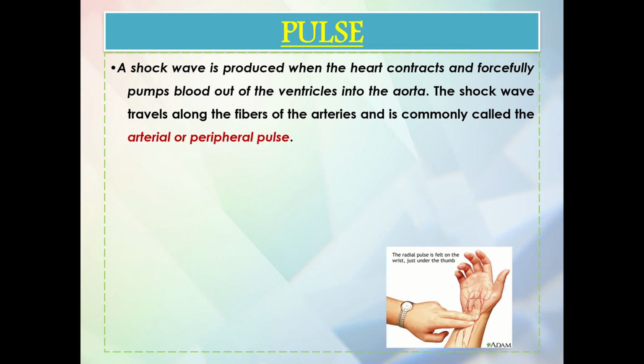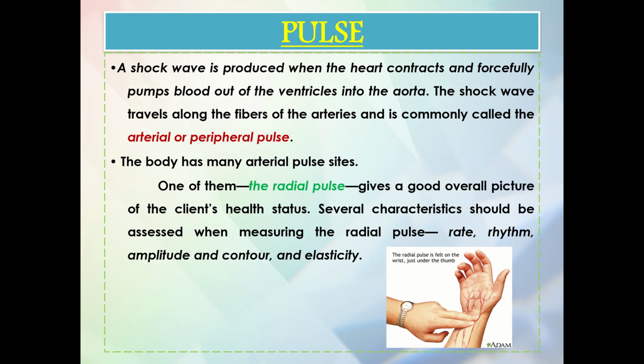So that is because of the contraction of their heart. So the body has many arterial pulse sites. So actually marami tayong pwedeng pagkuhanan ng PR or pulse rate sa ating pasyente. We have many pulse sites. So one of them, the most common, is the radial pulse. It gives a good overall picture of the client's health status.